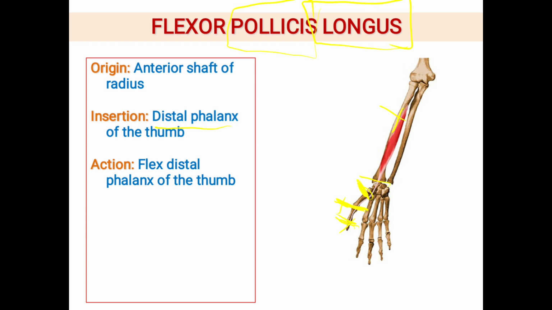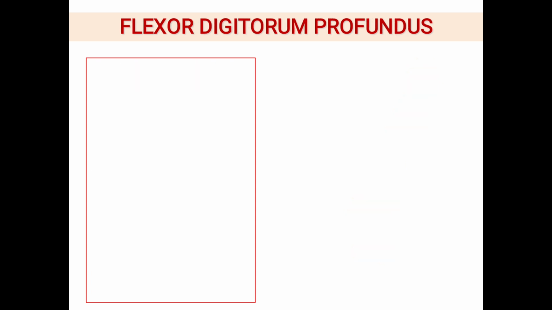It can also cross the wrist, so in some way it can move the wrist, but it is a weak flexion of the wrist; it is more of flexion of the thumb. And again, the common nerve supply of the anterior group is the median nerve. So that is your flexor pollicis longus. Origin is radius, insertion is of course the distal phalanx of the thumb.